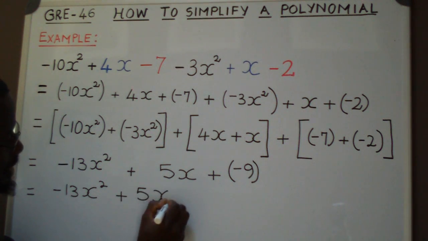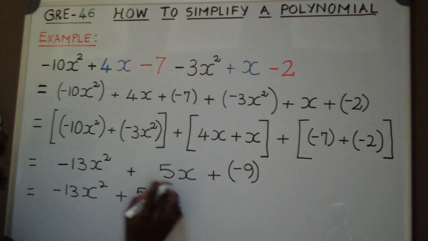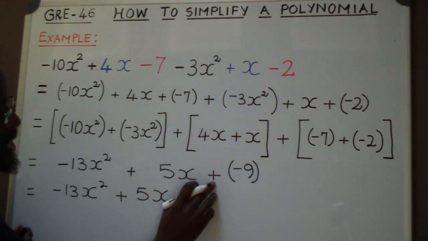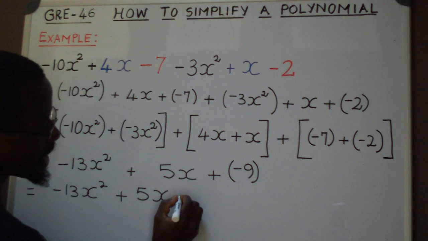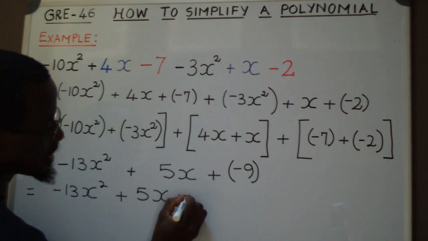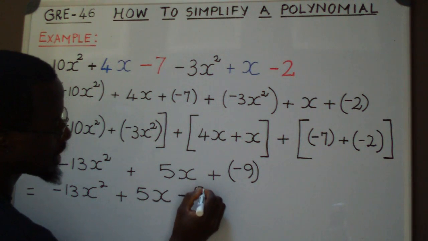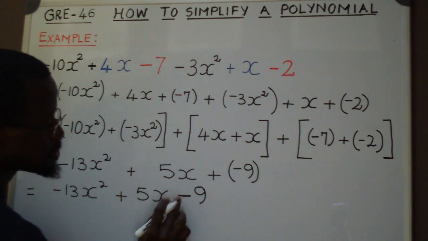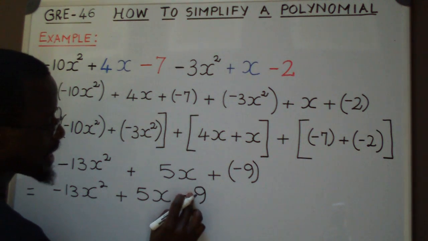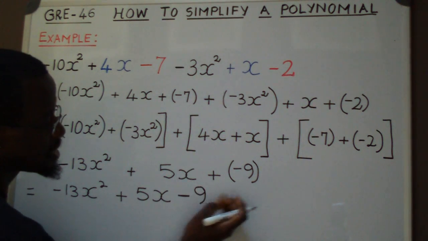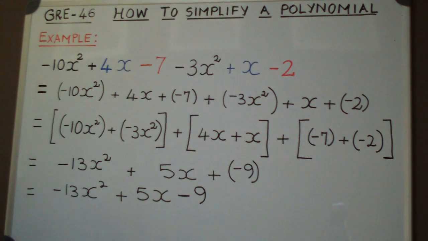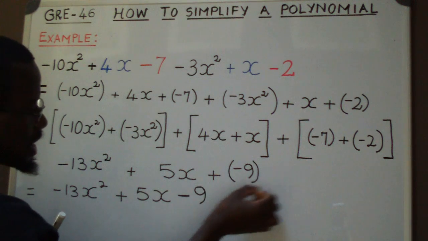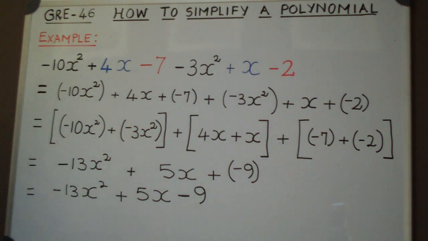All I'm doing here is to copy this monomial and then that monomial. And here now, I have plus negative 9. But plus negative 9, as we all know, is the same as simply negative 9. Because we all know that to subtract a number from another number is to add the opposite of the number which is being subtracted. So therefore, plus negative 9 is the same as negative 9.